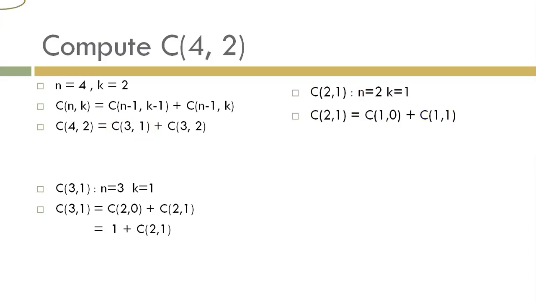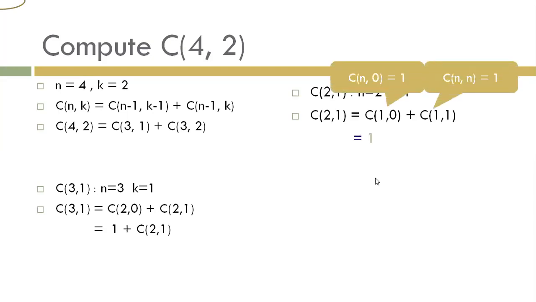For C of 2 comma 1, in that particular formula n becomes 2 and k becomes 1. C of 2 comma 1 hence becomes C of n minus 1 comma k minus 1. If n's value is 2, n minus 1 becomes 1, and k's value is 1, so k minus 1 becomes 0, plus C of n minus 1 comma k, that is C of 1 comma 1.